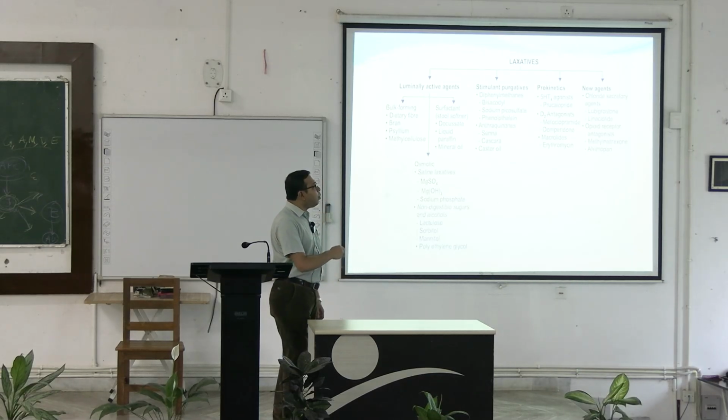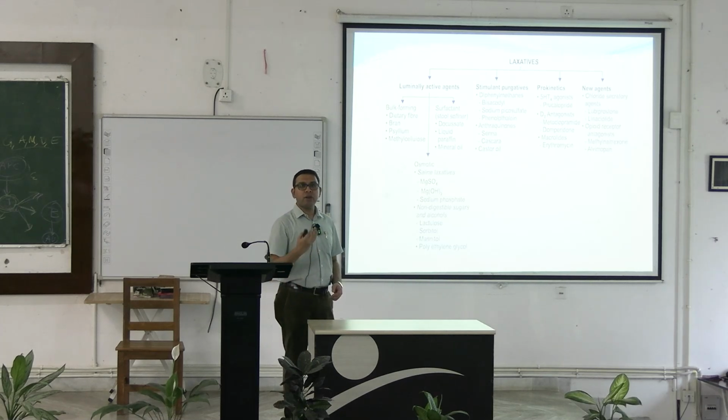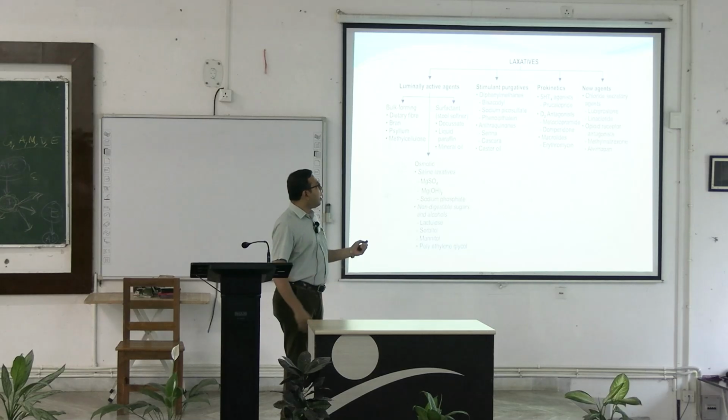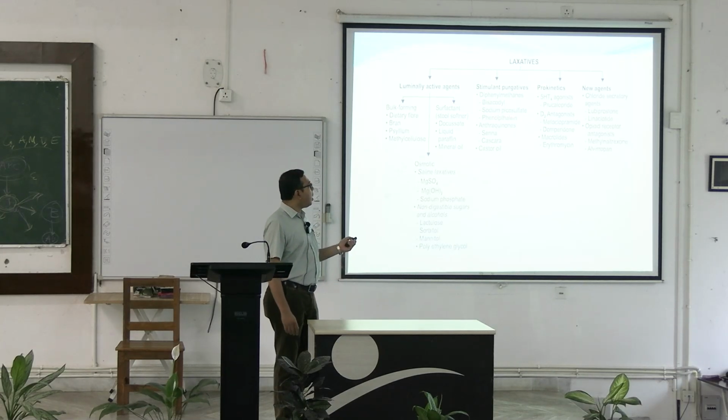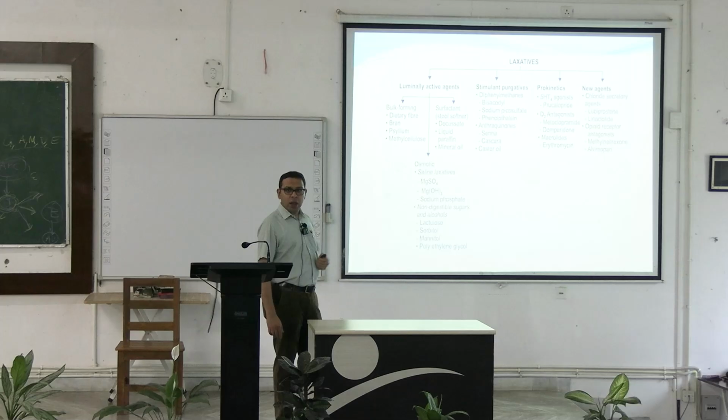Next, coming to the stimulant purgatives. It ultimately stimulates the colonic transit and acts as a purgative or laxative. Examples are bisacodyl, sodium picosulfate, phenolphthalein, some anthraquinone derivatives like senna, cascara, and castor oil.